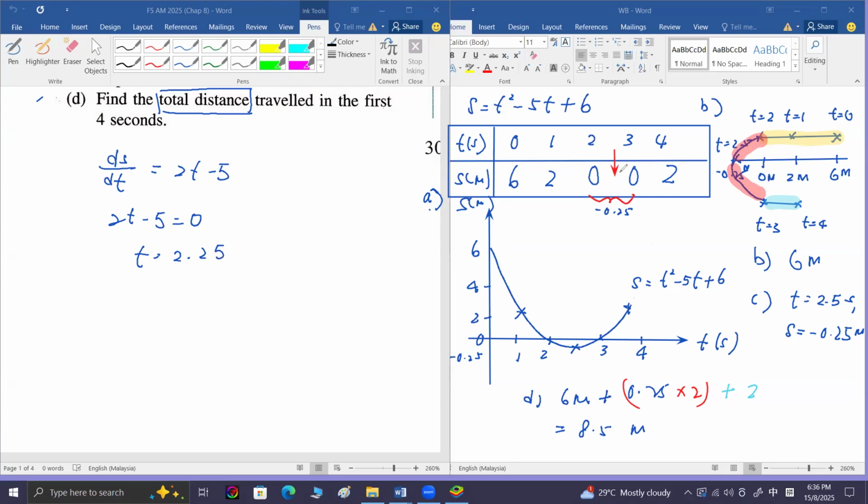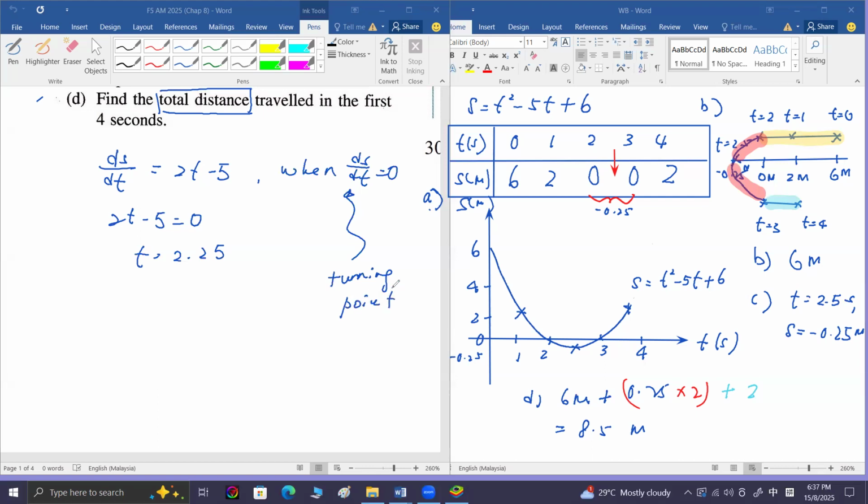This shows you at which point the particle turns. So we can find the t. I repeat, when ds dt is 0, it is for you to find the turning point. I hope you still remember the meaning of turning point.